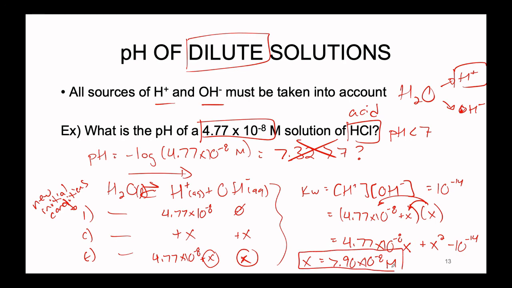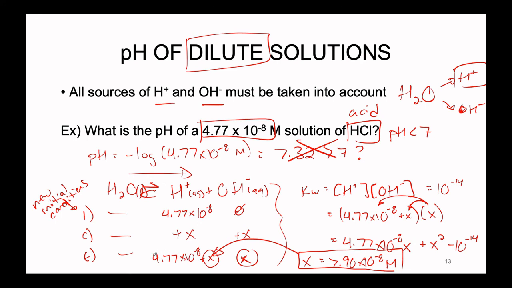All right, so this difference in our X is going to help tell us exactly what our new concentration of H plus is going to be at equilibrium. We're going to take this X and add it to the concentration that's the contribution of our HCl, and then calculate what our new pH is going to be.